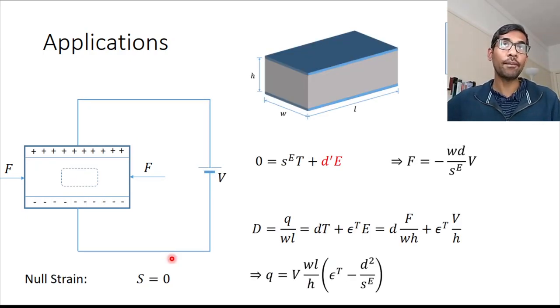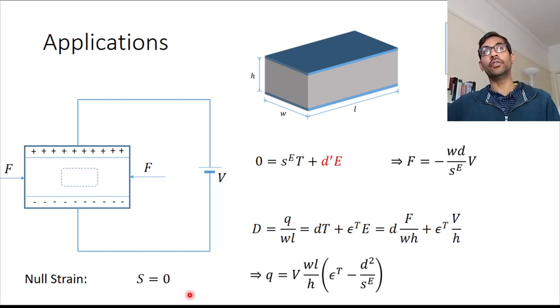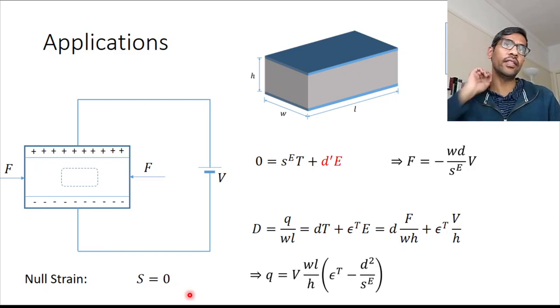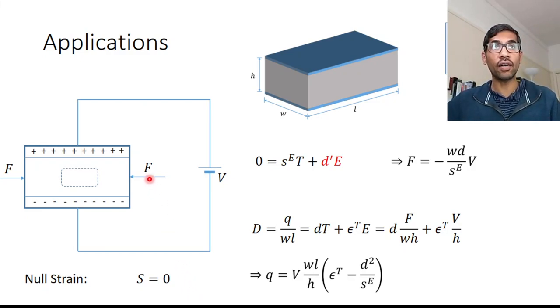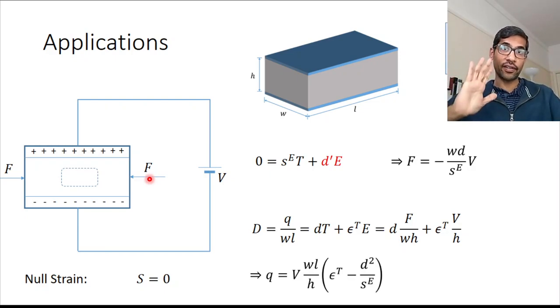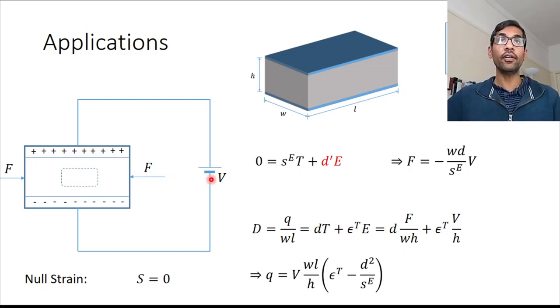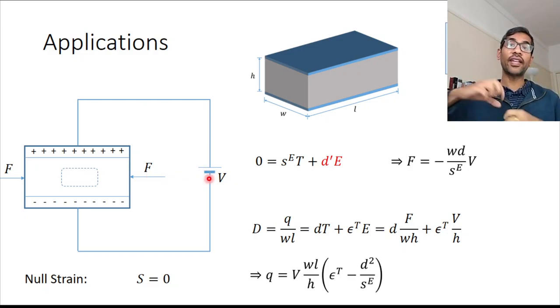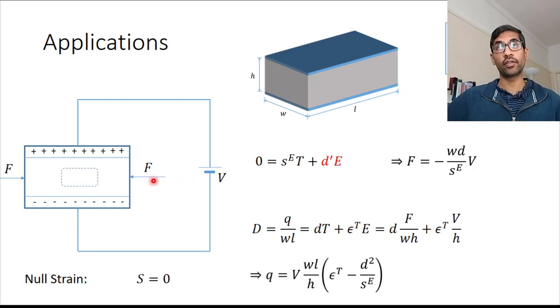Let's look at what happens when you make the strain equal to zero. How do we make the strain zero? We apply a force to a solid, and because of the force, the crystal should strain, should deform. But we prevent that deformation by giving a voltage so that it counters the strain because of this force.